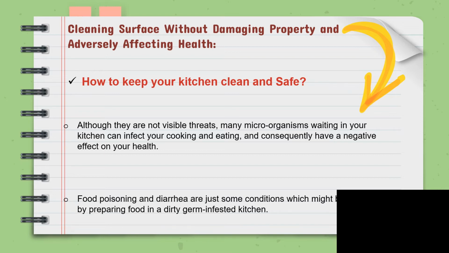So, next, food poisoning and diarrhea are just some conditions which might be caused by preparing food in a dirty, germ-infested kitchen. So, kung hindi maayos at madumi ang ating area na pinaglulutuan natin, pwede tayong ma-food poison. Sabihin na natin, ma'am, niluto naman po yung pagkain.